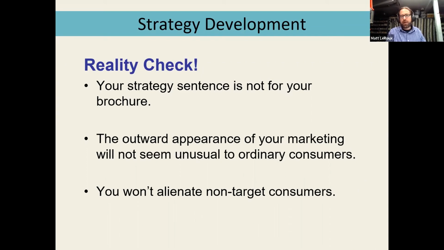And think about our Kraft mac and cheese example, right? We theorize that they're targeting busy working moms who run out of time when it comes to the end of the day and meal prep. Well, that could be their target customer, but who else buys a lot of Kraft macaroni and cheese? College students, right?